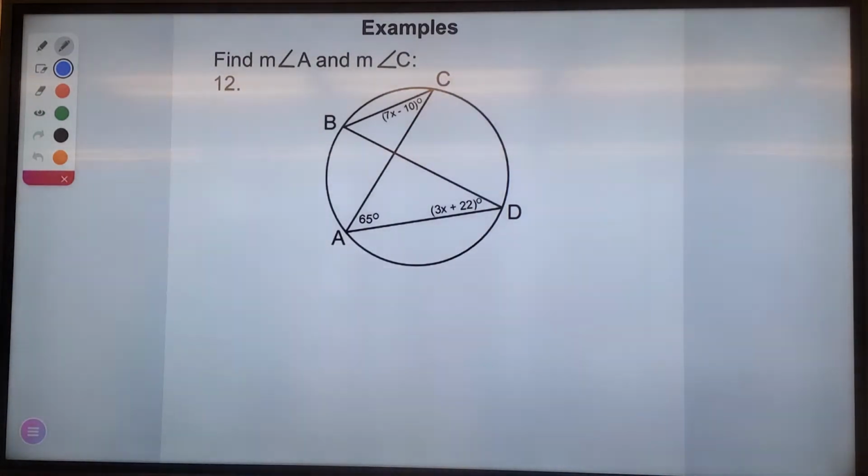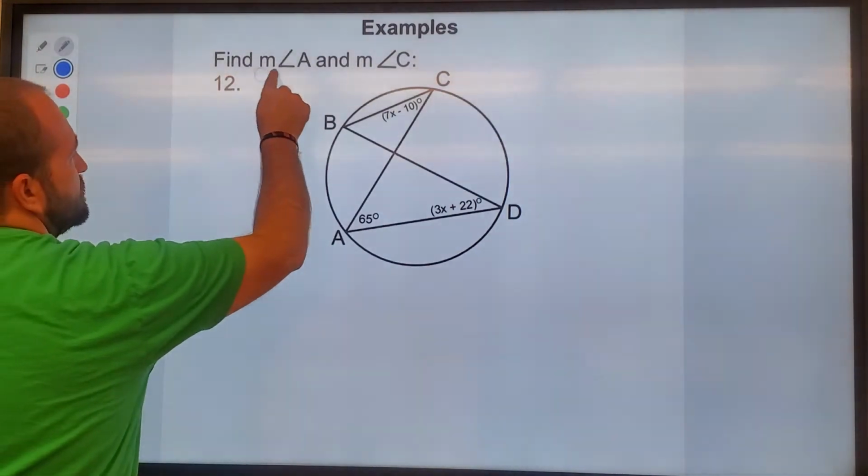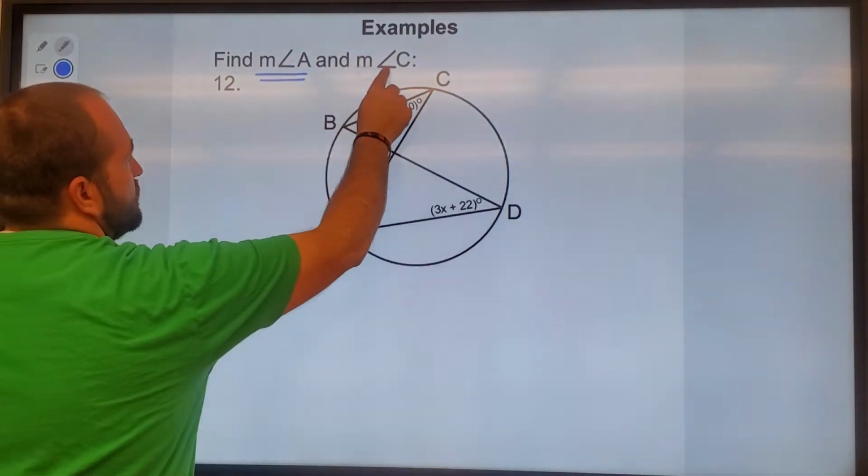Last page here. Again, this is using that theorem that stated if I had two inscribed angles that intercepted the exact same arc, then the measures of those angles are in fact congruent to each other. I'm asking for two things here, so make sure you pay attention to the question. I might ask for one, I might ask for two.